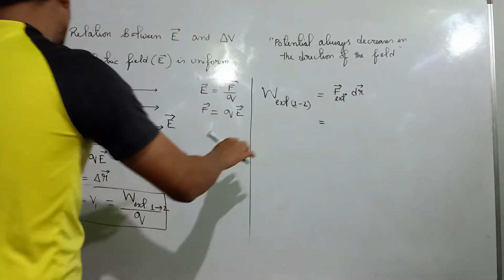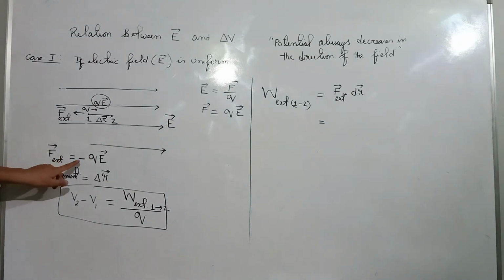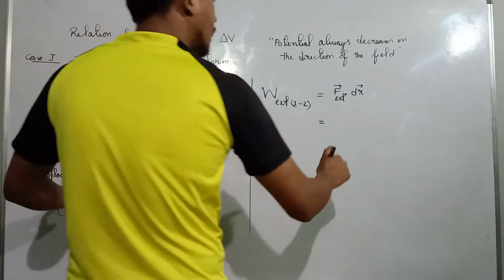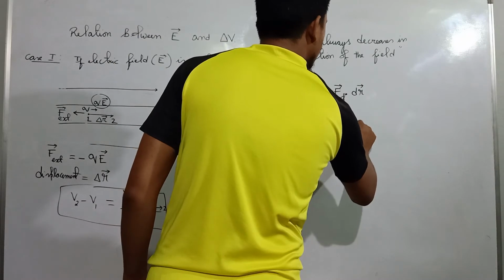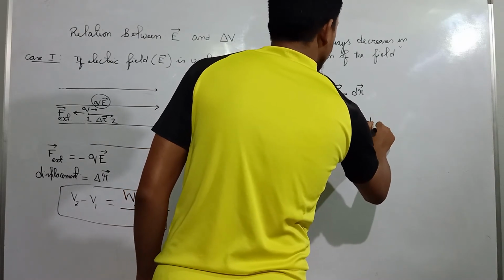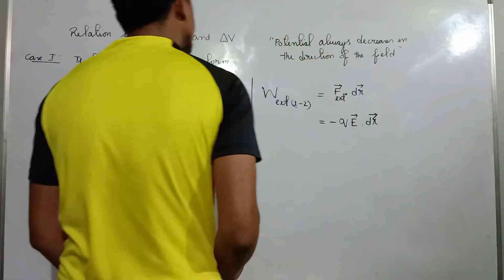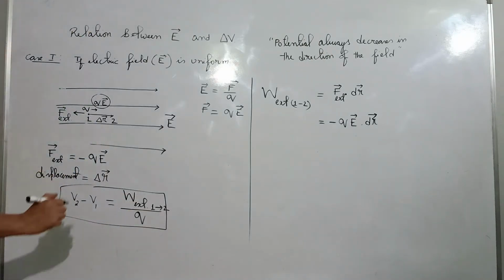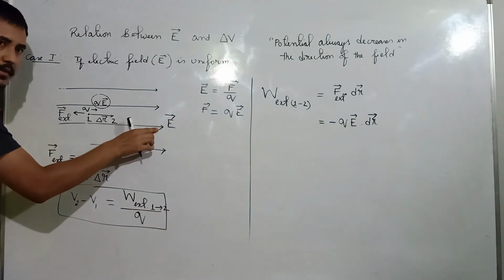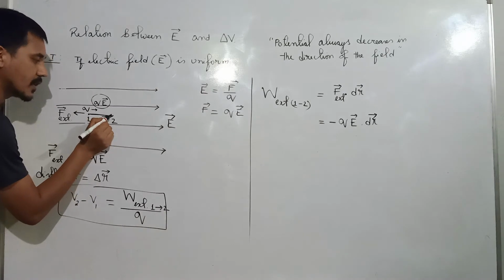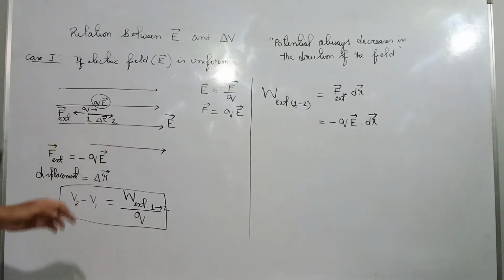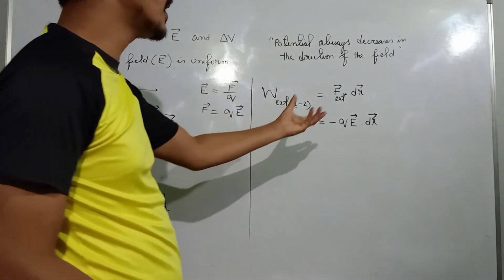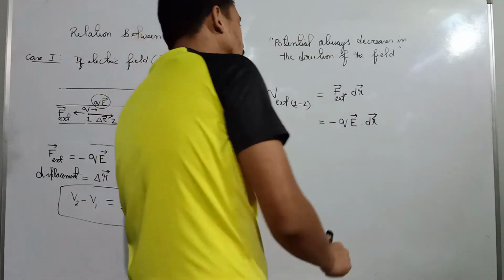So what is your F external? Minus QE, so minus QE dot dr. Now your E is in this direction, and displacement is also in the same direction. So the angle between E and dr will be 0.